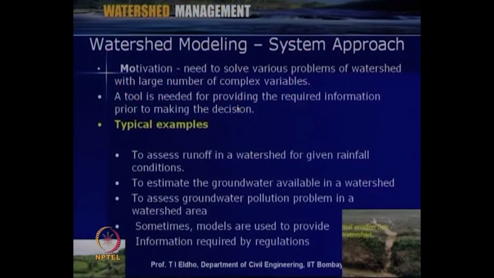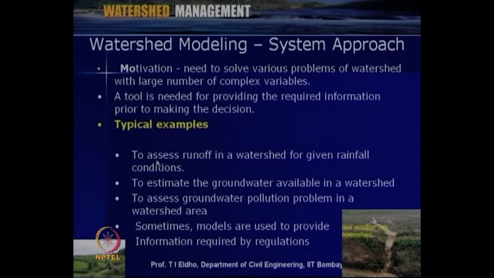So, we need a tool to provide the required information prior to making the decision. Say for example, if you are going for a watershed management plan, then it is better to do some modeling like rainfall runoff modeling or groundwater modeling, or various other hydrological process modeling. So, the motivation is to solve various problems as far as the watershed is concerned.